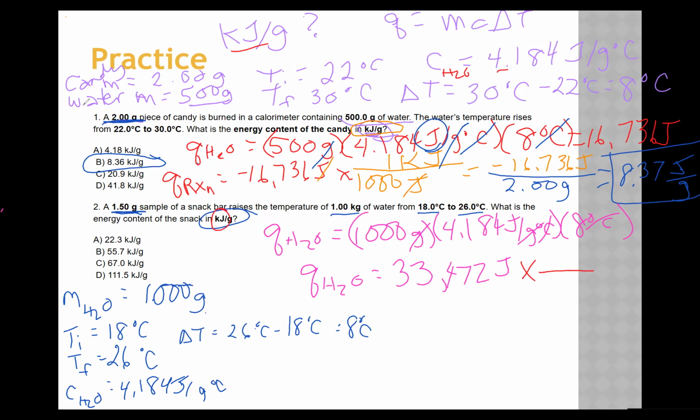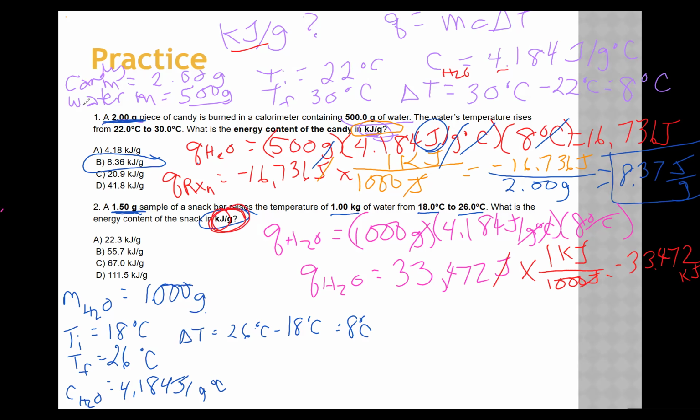So I'm going to say times 1 kilojoule for every 1,000 joules. Joules cancel, and that gives me 33.472 kilojoules.